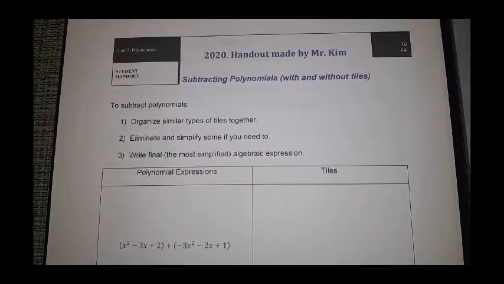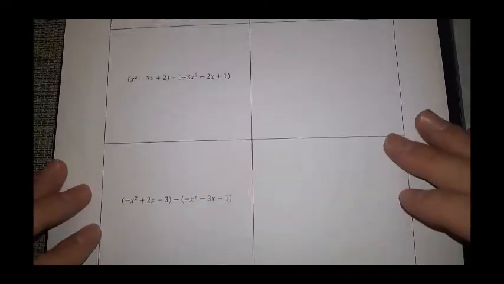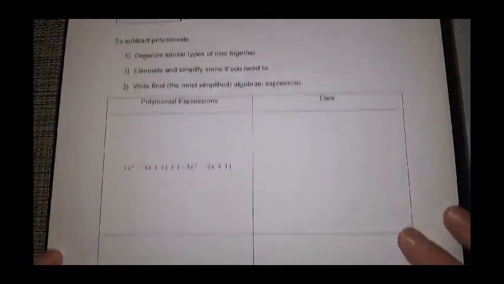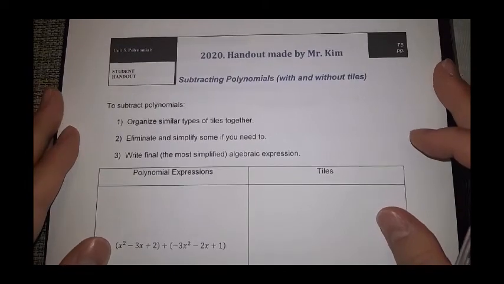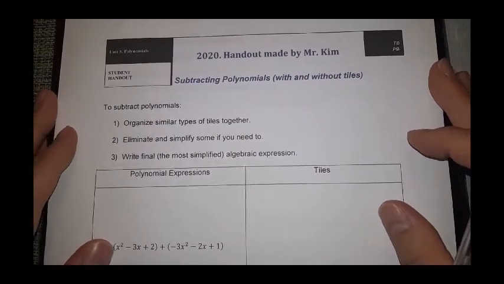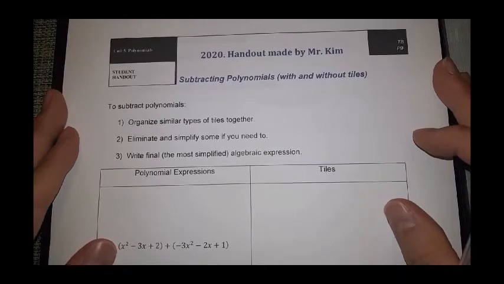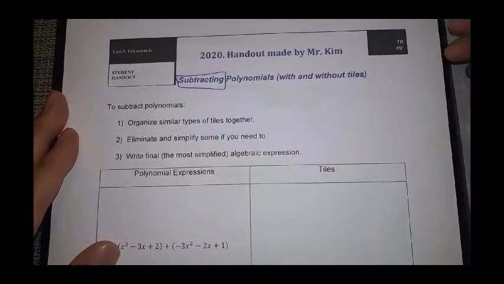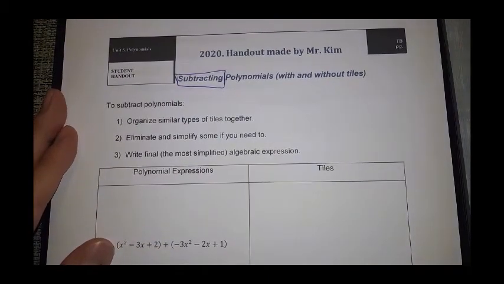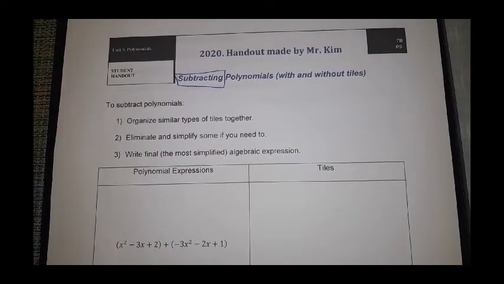All right, so today's lesson, ladies and gentlemen, goes to page 11 of your polynomial booklet. First things first, we are going to focus on subtraction now. Last time, we learned two different methods. The first method is using algebra tiles, and we use that skill to do any addition of polynomials.